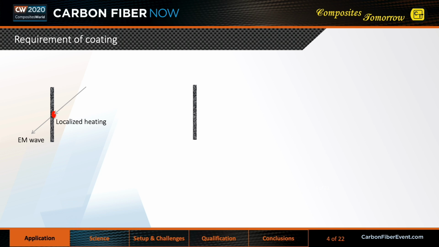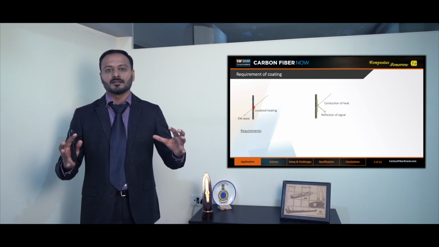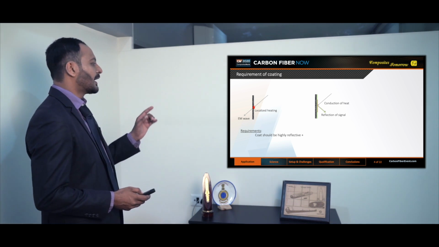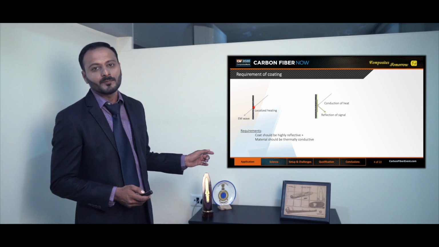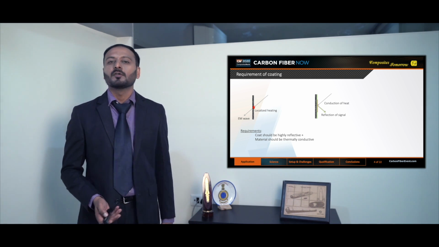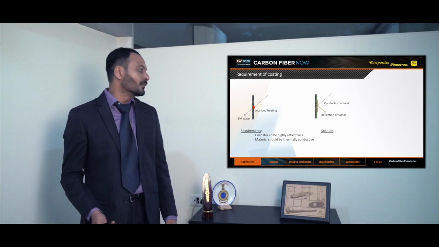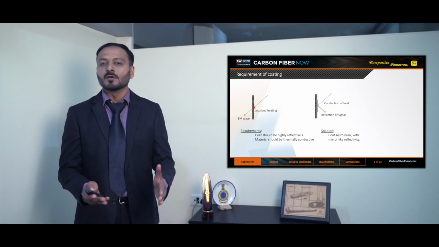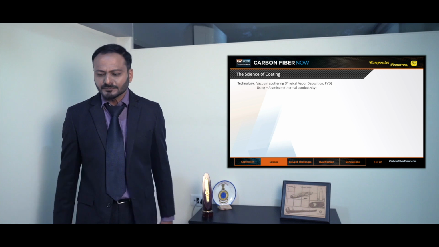We want the coating such that these rays are reflected internally as shown in the animation, and heat is conducted. Well, clearly, we require something that is optically reflective and thermally conductive. What can better be than aluminium? A coating of aluminium with mirror-like reflectivity would be a handy solution for this.